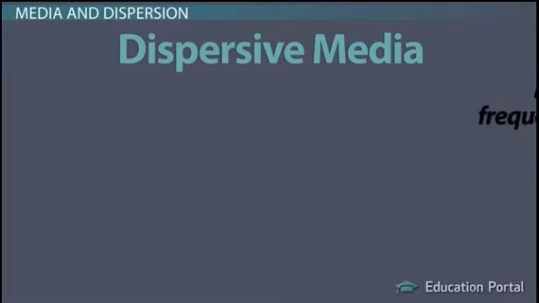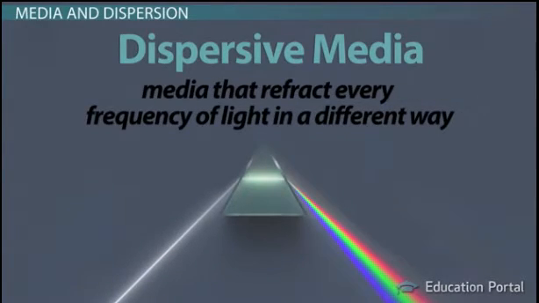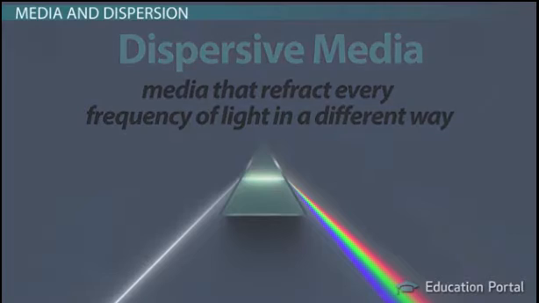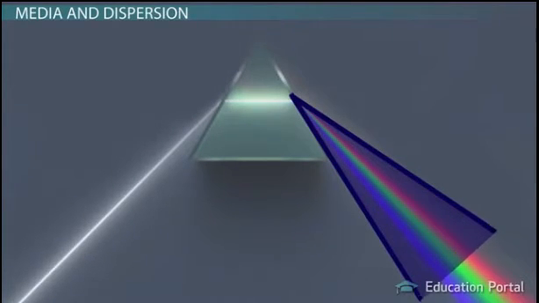Some types of media are called dispersive media, meaning that they refract different frequencies of light in different ways. A prism is one kind of dispersive media because it takes white light and separates it into all the colors of the rainbow. What's really happening is that each different frequency of colored light in the spectrum is being refracted at a different angle by the prism itself. Instead of having just one angle of refraction for the whole light beam, there are many separate angles for all the separate frequencies.